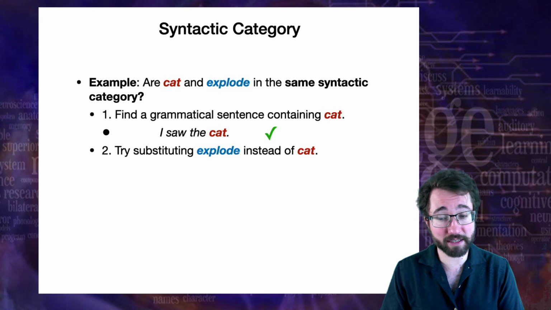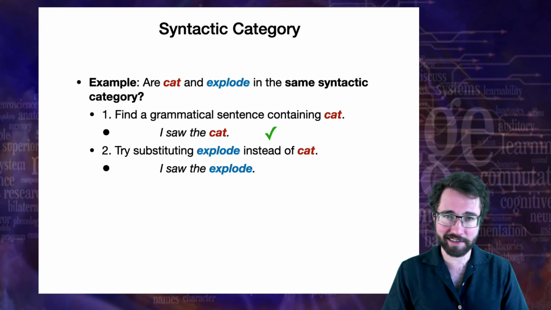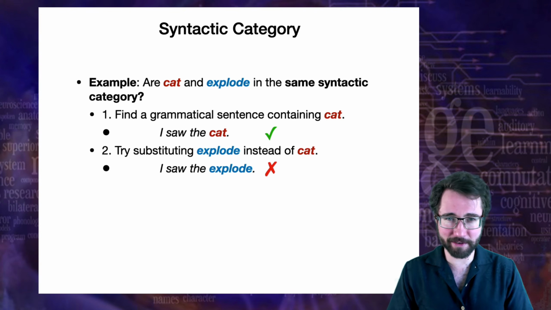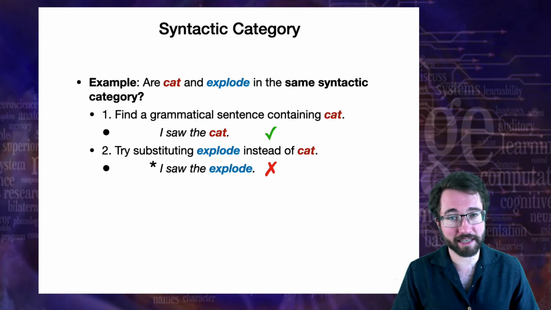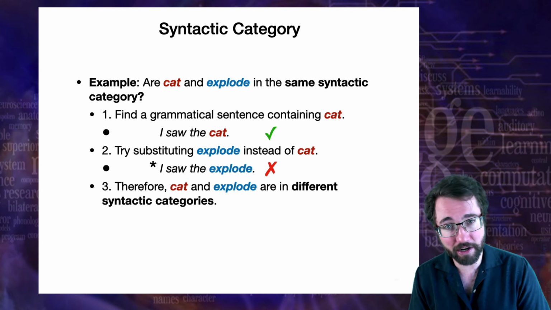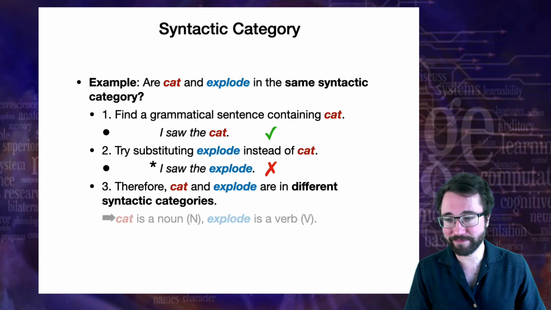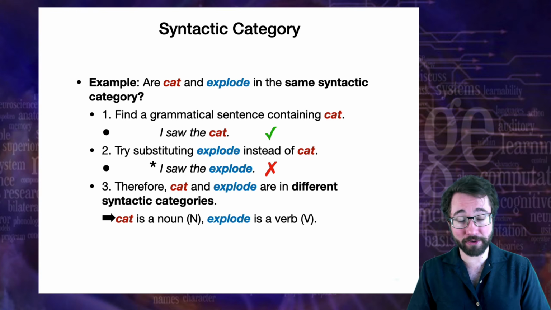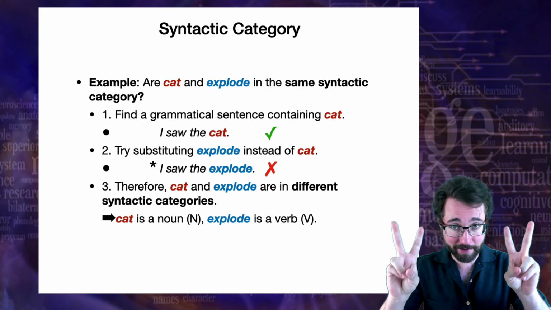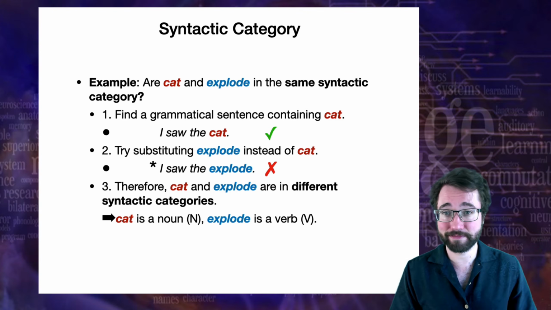Try substituting explode instead of cat. You get I saw the explode. Nope, not grammatical. Doesn't work. Gets the star. So therefore, we've concluded that the word cat and the word explode are in different syntactic categories. Interesting, huh? In fact, we can label the category of cat noun, and we can label the category of explode verb. These are labels of syntactic categories.